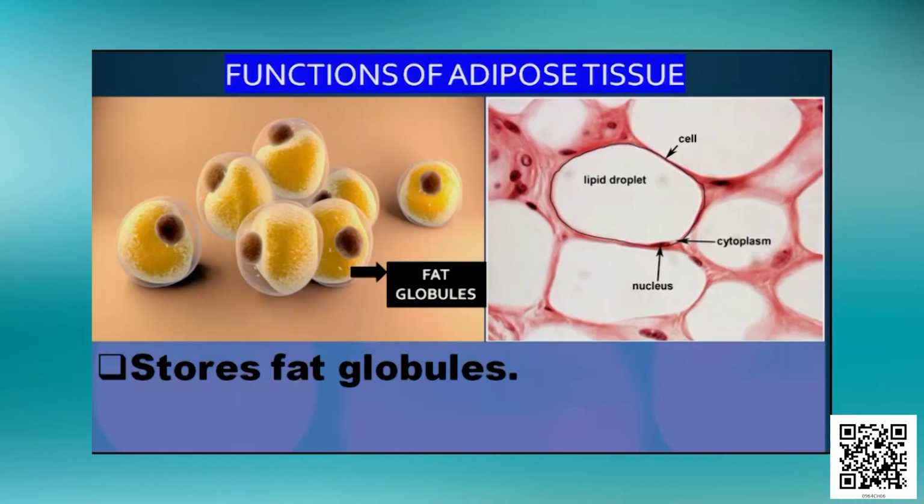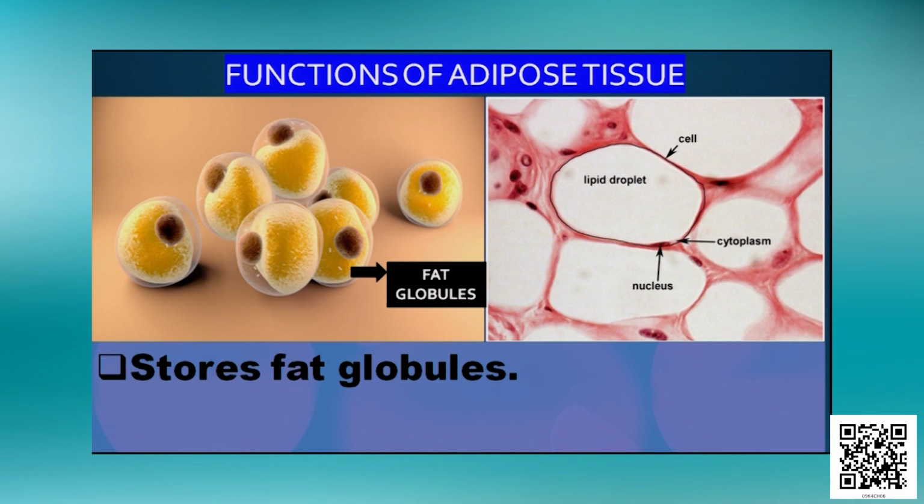What does the adipose tissue do in our body? What do they store? So, definitely they store the fat, but what are their functions? Let us find out. Adipose tissue stores the fat globules. Look at the picture here. The fat globules are so much in the cell that they are pushing the nucleus towards the periphery, towards the peripheral region, not in the center. The nucleus is usually found in the center in the animal tissue.